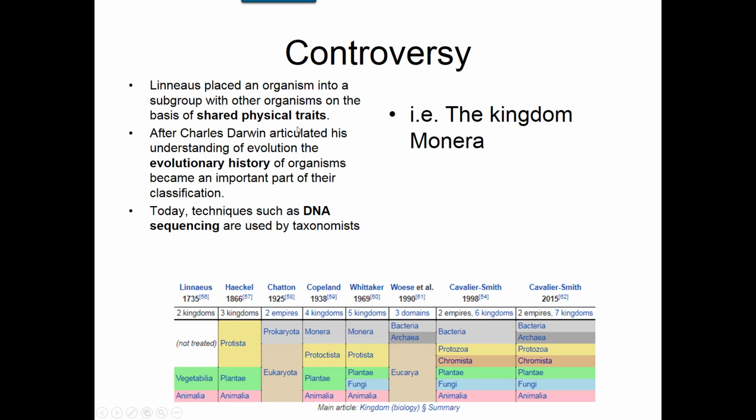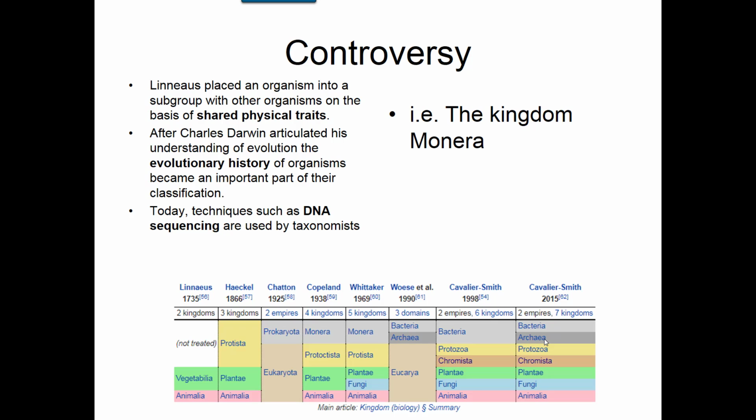They don't have nuclei. But now we've got molecular data on many organisms within this former kingdom. And now we know that some of them are way more closely related to eukaryotes than others. So we've changed our system and we've developed the bacteria and the archaean domain based on this new understanding.